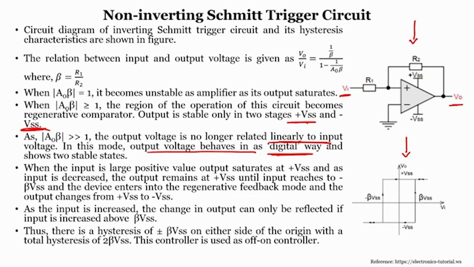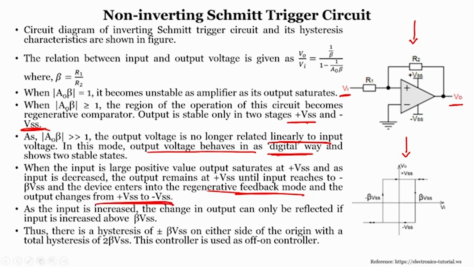But what are the changes? There are very few changes, only in terms of the circuit diagram. When the input is large positive, output saturates to plus VSS. As the input is decreased, the output remains at plus VSS until input reaches beta VSS. The device enters regenerative feedback mode and the output changes from plus VSS to minus VSS.